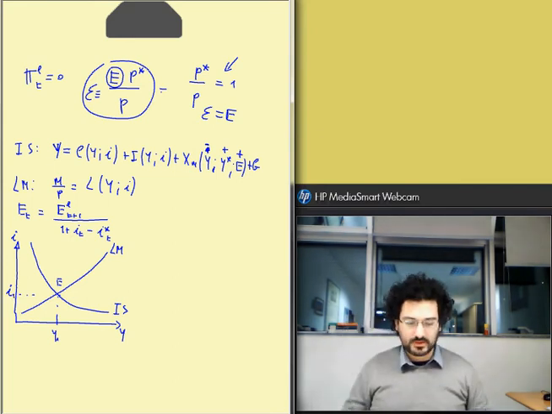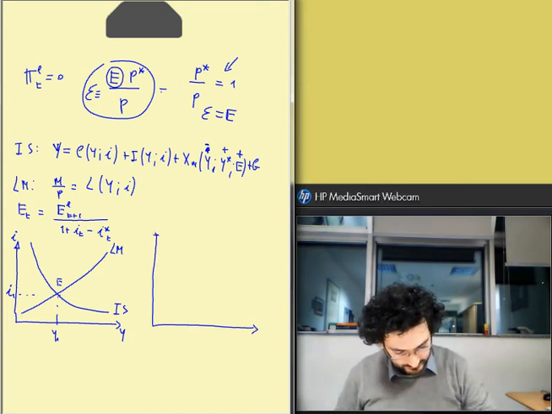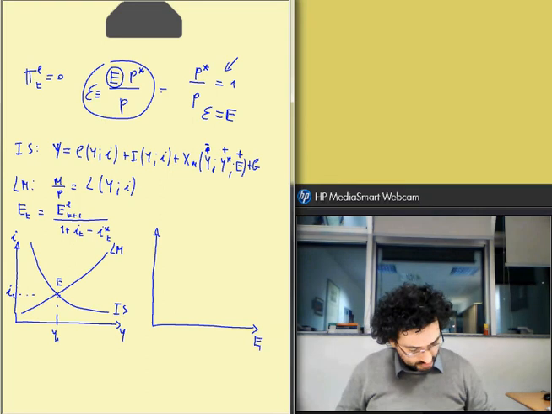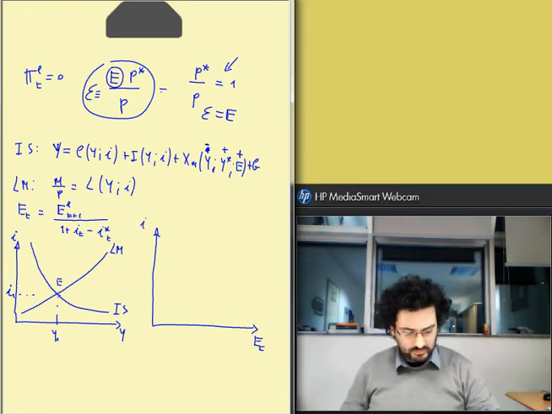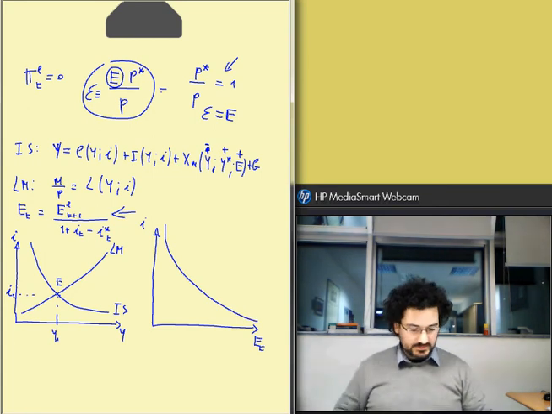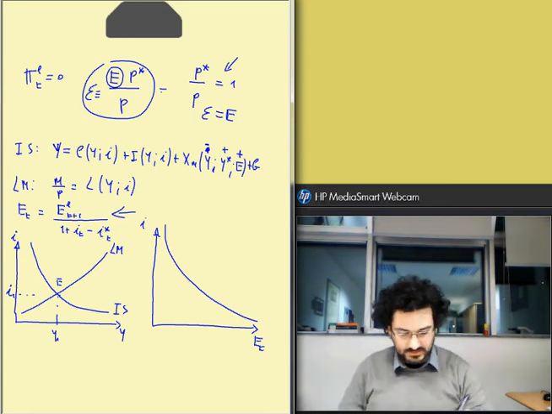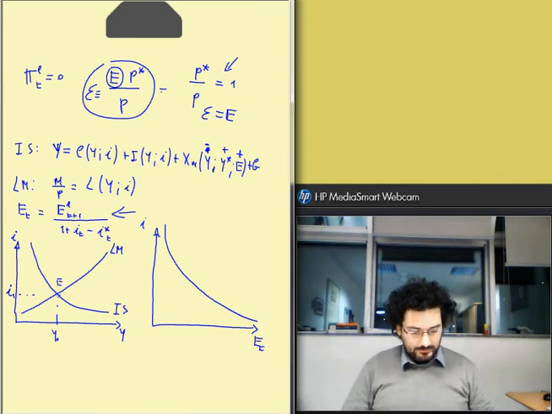equilibrium. Now we can consider another picture in which we have the current exchange rate E and the nominal interest rate. We know from this equation that this relation is decreasing. So if we have an increase in internal interest rate, we have a decrease in the exchange rate, and this means an appreciation.